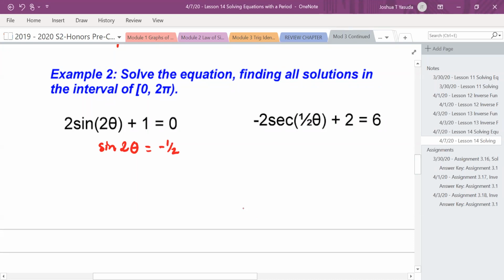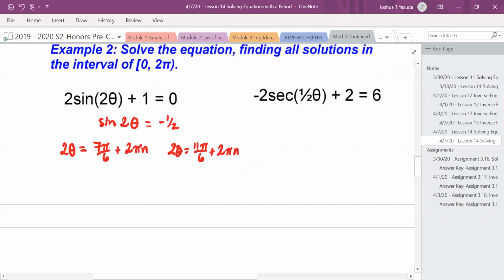So everyone's going to tell me where sine is -1/2 on the count of 3. 1, 2, 3. 7 pi over 6 and 11 pi over 6. Thank you. 7 pi over 6, plus, and then we're going to say 2 pi n. And then we're going to do 2 theta equals 11 pi over 6 plus 2 pi n.